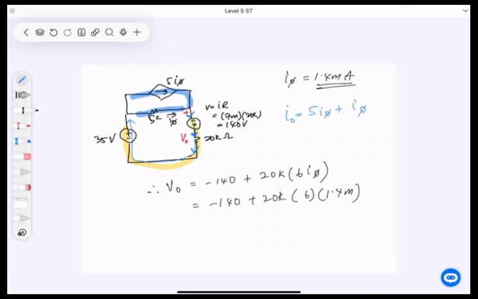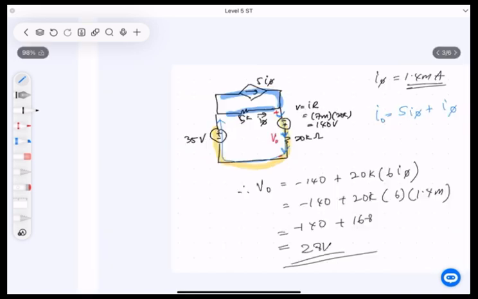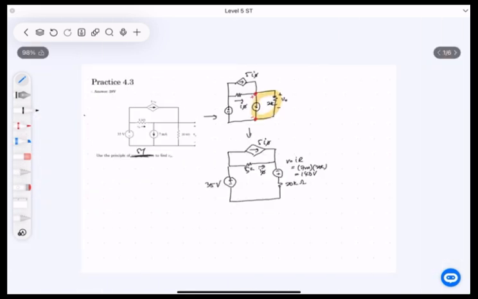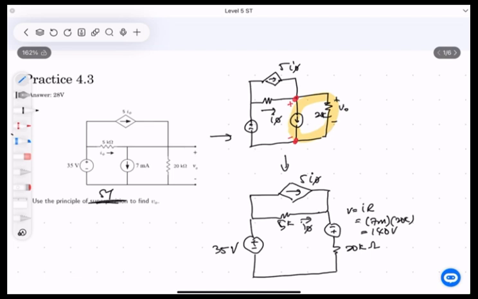Then you will get minus 140 plus 168 equals 28 volt. There you have it. By using source transformation, these are the steps to solve question 4.3. Yay!